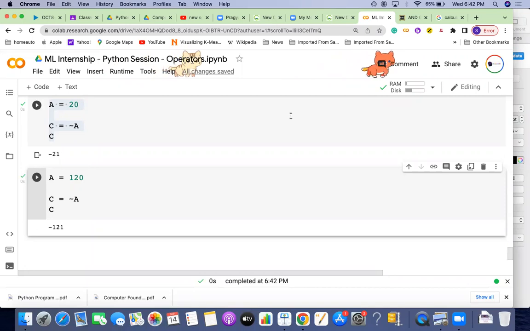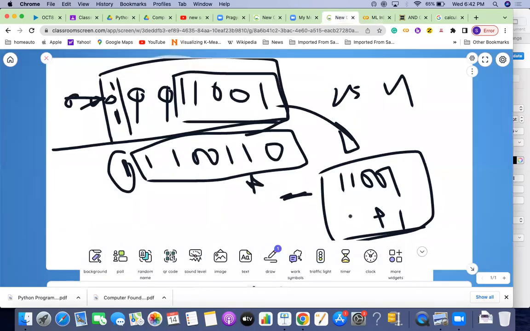Why doesn't it work this way? Actually it has to work something like this, correct? This is exactly the complement, plus 1 if you add it. Then it will become 1 1 1 0 0 1 1 1.